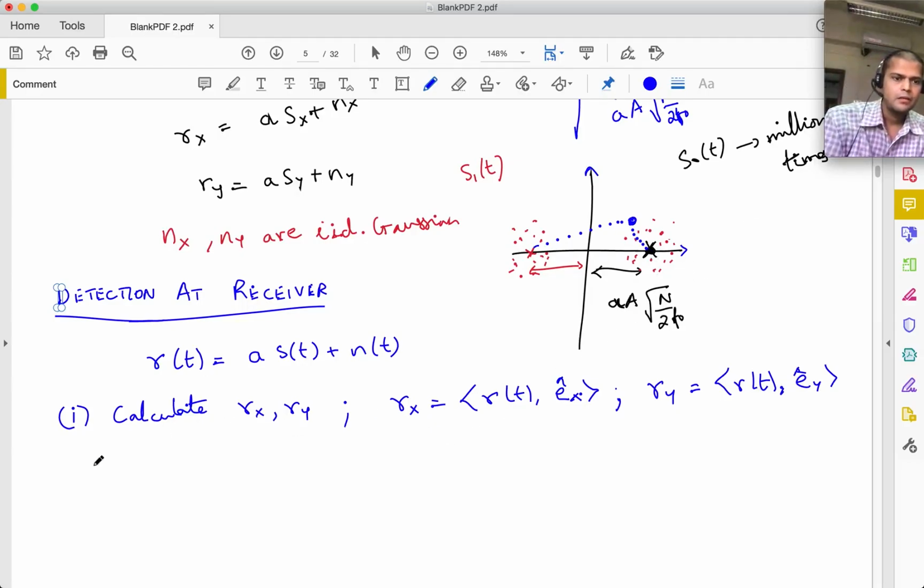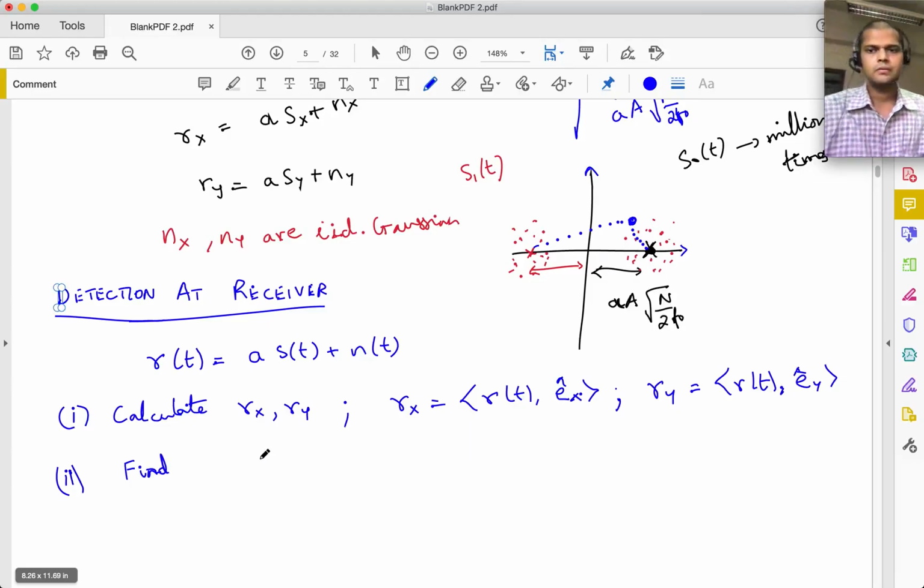So the general detection is like this: find which constellation point Rx, Ry was closest to.